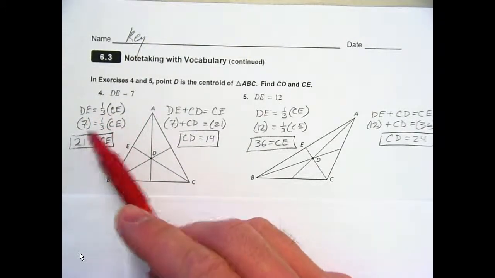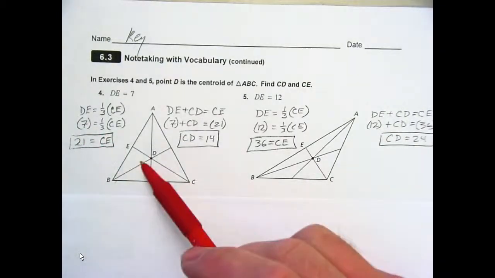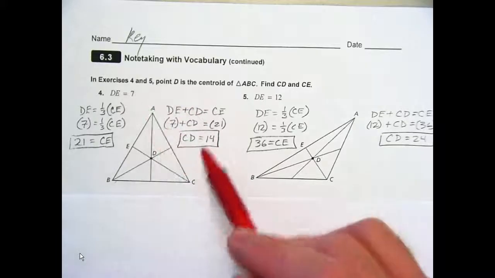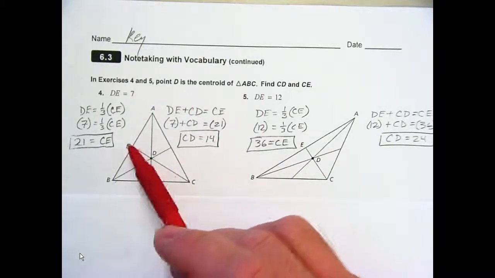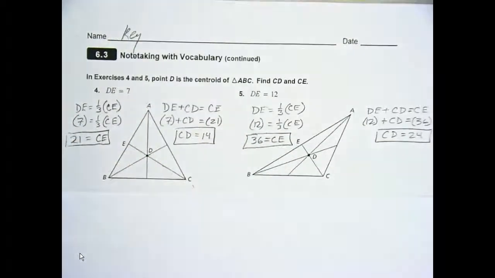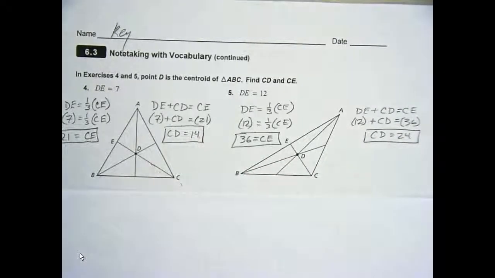So if DE is 7, we have to triple that to get CE. And then the remaining part, CD, would have to be 14. So if they give us that 7, the whole thing is 21, and this part is 14. The same process over here. CE is 36, therefore CD would be 24. Any questions?